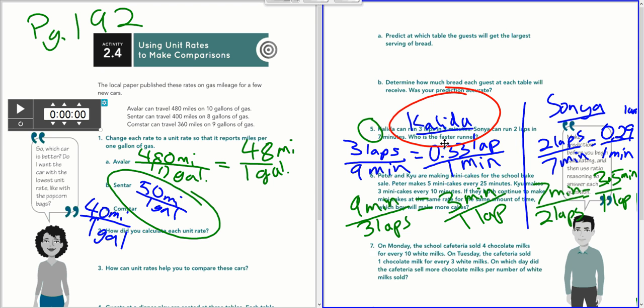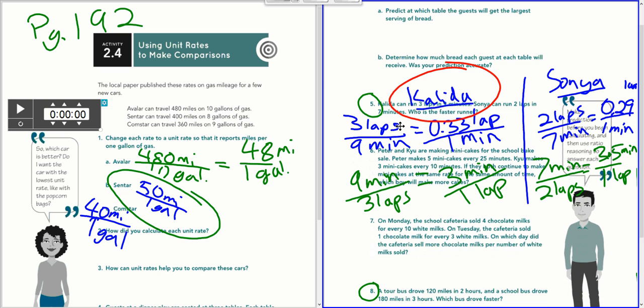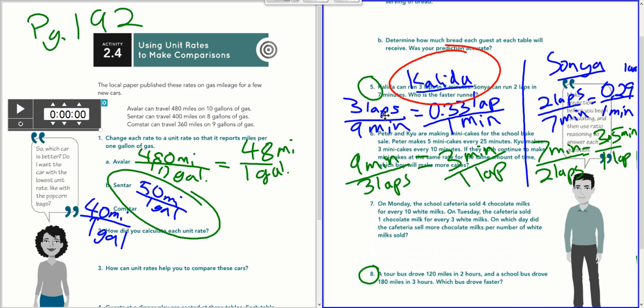All right? And then heading on page 193 to look at number 5. And we looked at this problem in 2 different ways. We did 3 laps for 9 minutes for Kalita, and for Sonia it would be 2 laps in 7 minutes. But we also flipped it around. We did 9 minutes for 3 laps. And either way works.